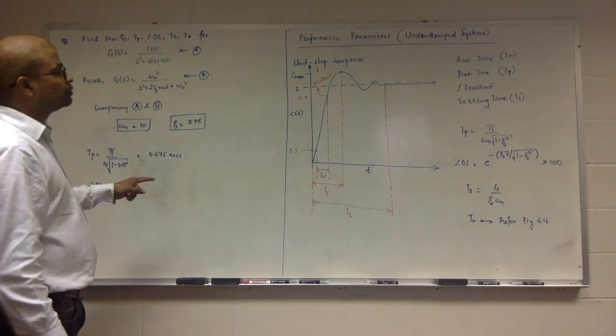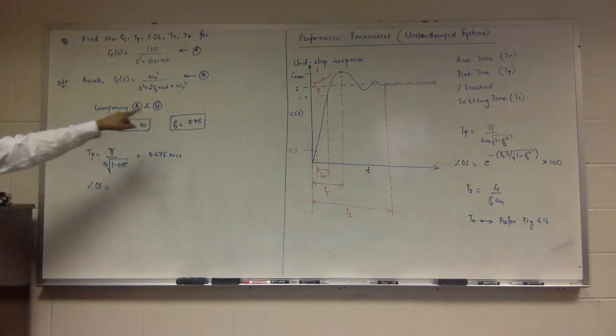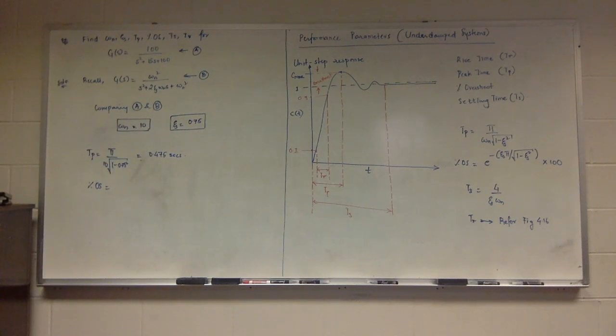Keep in mind, if you get zeta greater than 1, what would be the peak time?